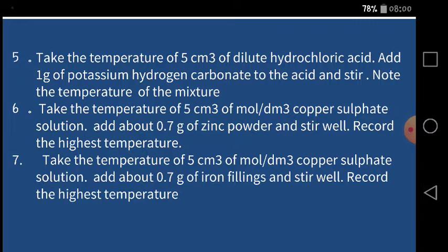Record the highest temperature. Step 7: take the temperature of 5 cubic centimeters of 1 mole per cubic decimeter copper sulfate solution and add about 0.7 gram of iron filings and stir well. Record the highest temperature. So this is the procedure.